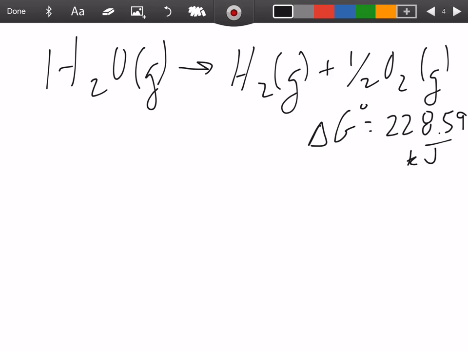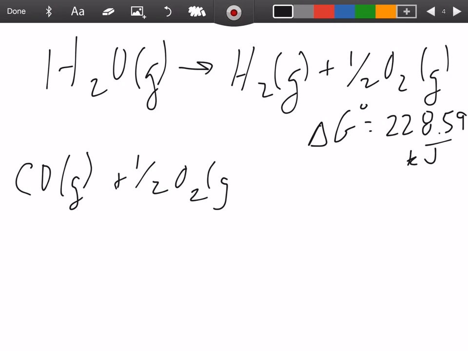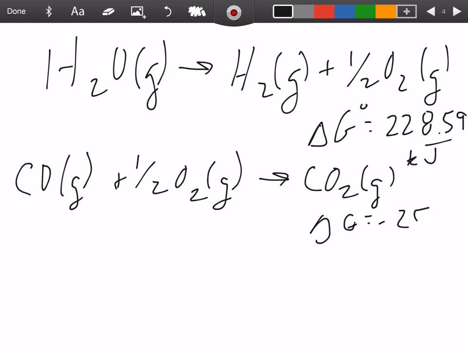So the second reaction I want to use actually is carbon monoxide gas plus half of an O2 gas molecule will give us carbon dioxide gas. And the delta G for this is equal to negative 257.2 kilojoules.